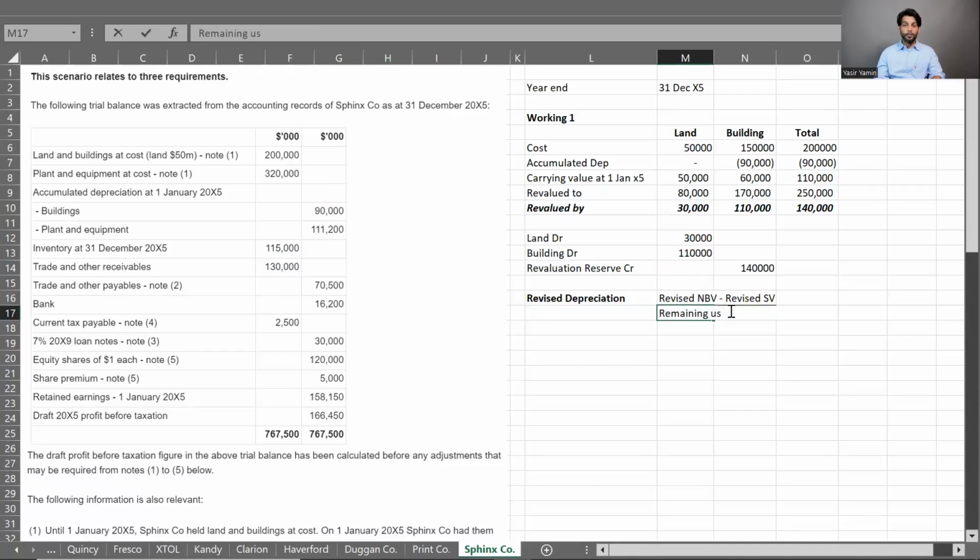Remember? That was the formula. Once you have done your revaluation, you have updated your net book values. If you have updated your net book values, you need to calculate revised depreciation based on your remaining useful life.